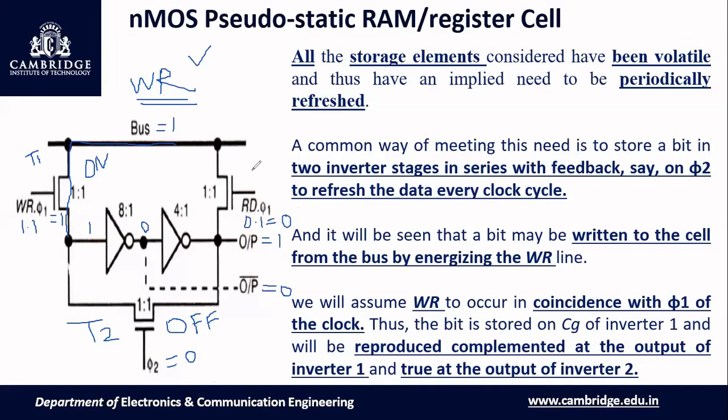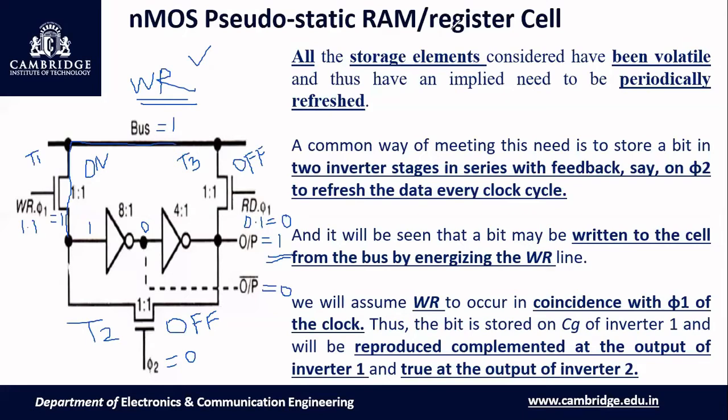Then this transistor, sorry, we'll take it as T3, T3 will be off. Then we'll perform write operation. Understood? So here we have stored logic 1 in this memory.